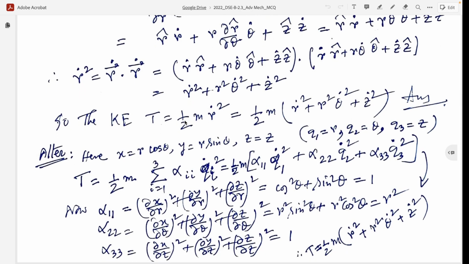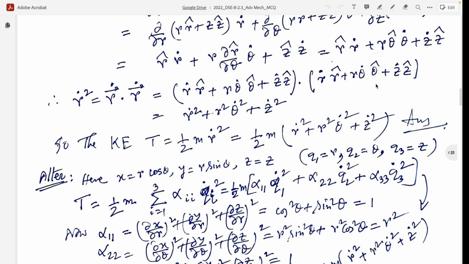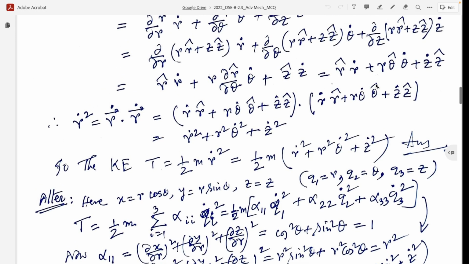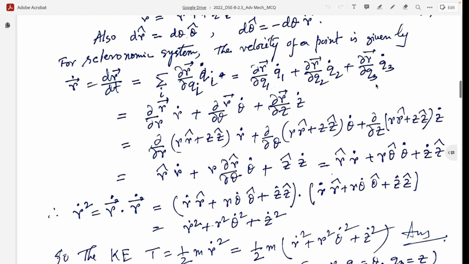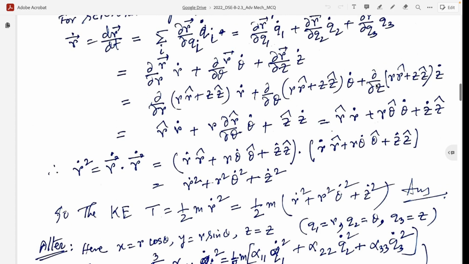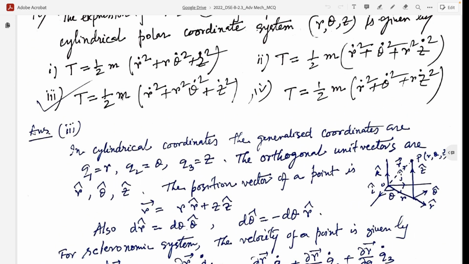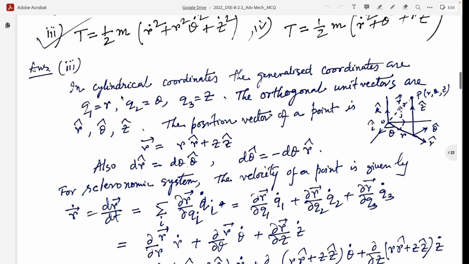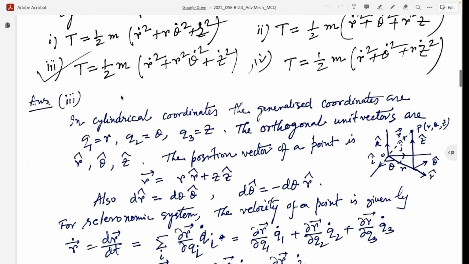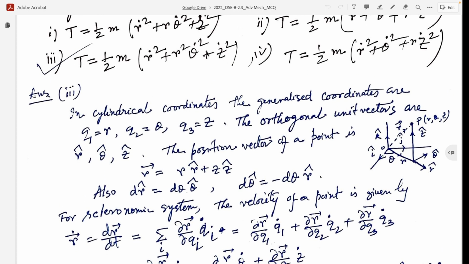So kinetic energy T equals half m r dot square, which equals half m times r dot square plus r square θ dot square plus z dot square. And hence the expression of kinetic energy T equals half m (r dot square plus r square θ dot square plus z dot square).